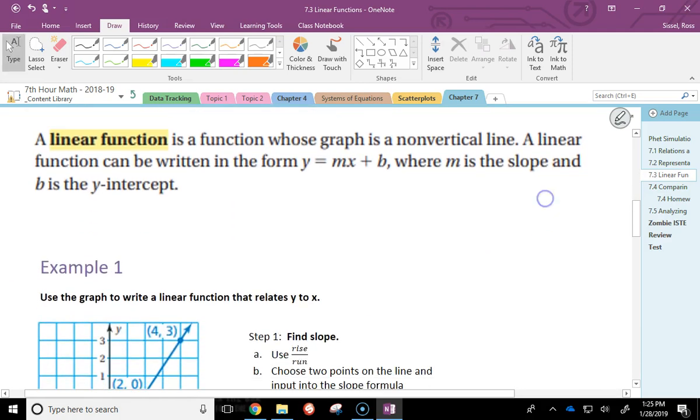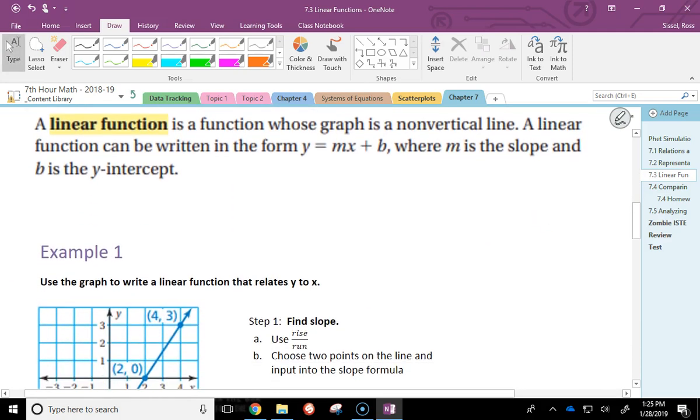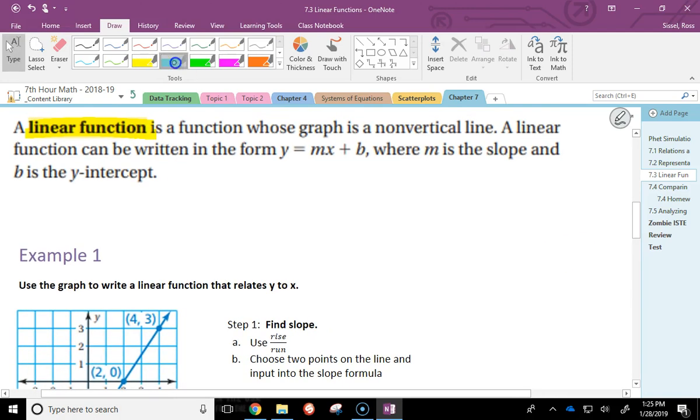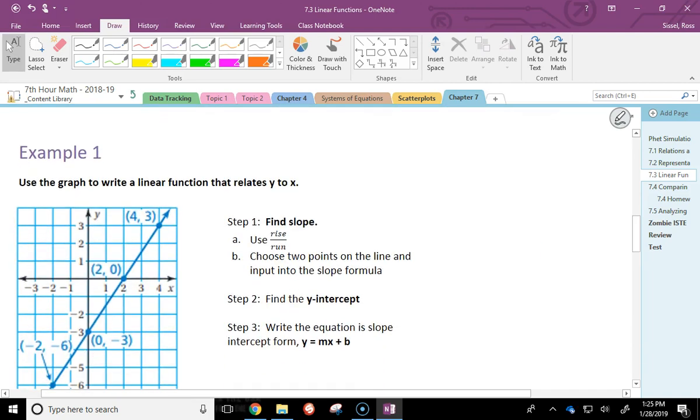Open up your foldable to linear function, and this is on your sheet. It says a linear function is a function whose graph is a non-vertical line. You remember we talked about the vertical line test? If I go across, it can only touch the line at one place at a time.